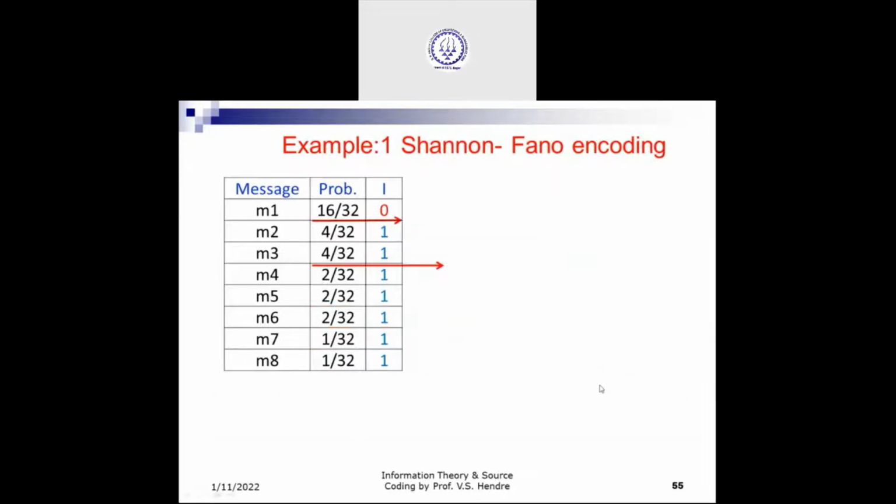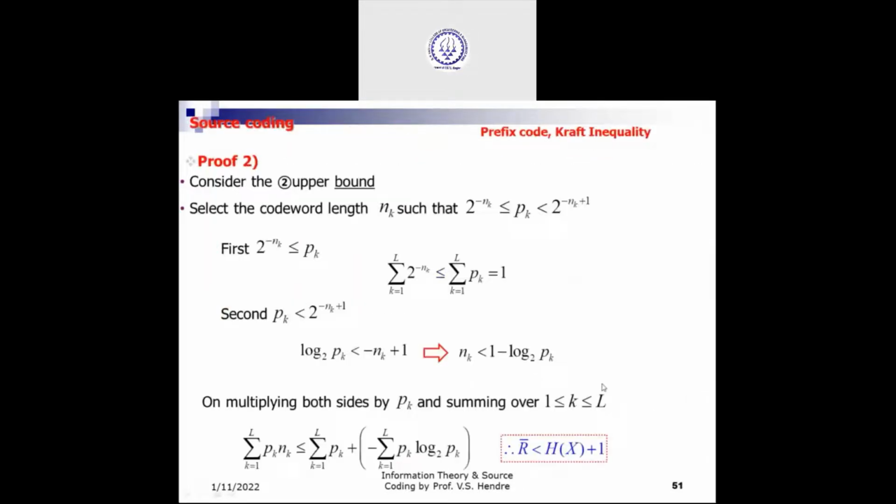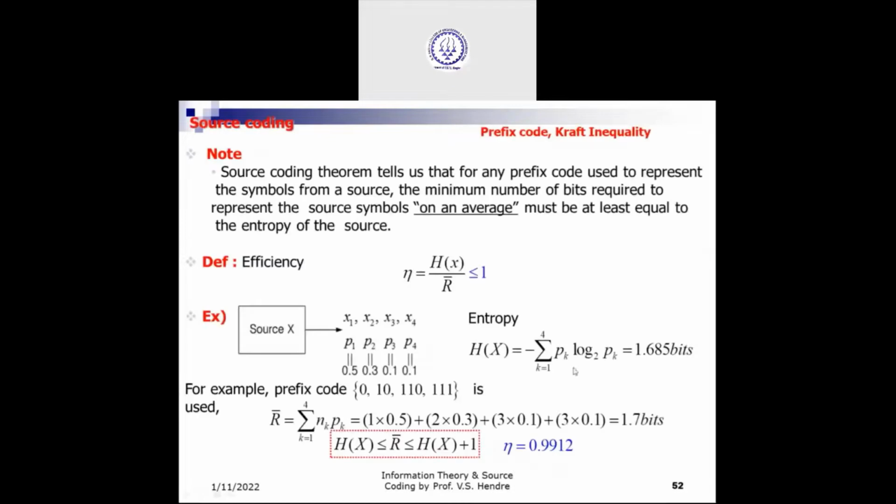We already used this formula in the earlier example, where I showed you the formula for r bar or L bar, that is summation k equal to 1 to 4 nk pk, and the formula for the entropy, summation k equal to 1 to n pk log of 1 upon pk to the base 2, or minus summation pk log of pk to the base 2.